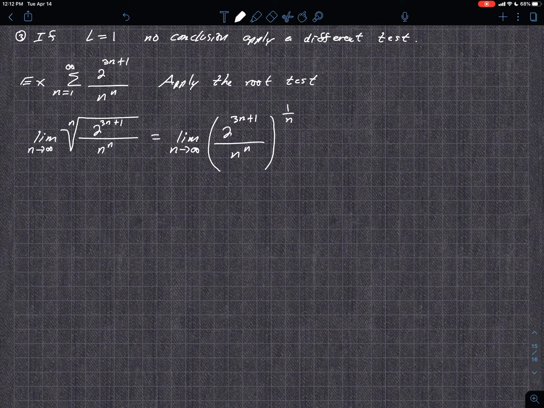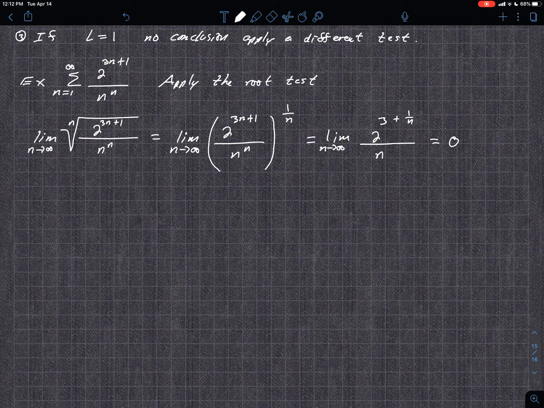That's 2 to the 3n plus 1 over n to the n, which you can see dramatically helps simplify those powers. So you get the limit, and then that's just going to be 2 to the 3 plus 1 over n, and then as you approach infinity.